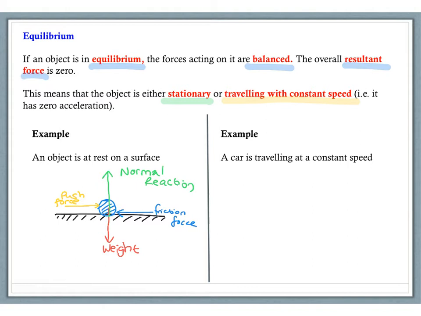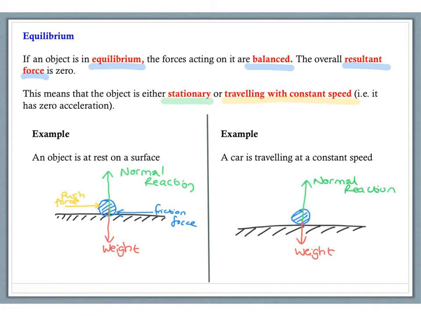In the second example, we have a car travelling at a constant speed. So here's our road. We'll model the car as a particle travelling on a rough road. The weight acts downwards and is balanced by the normal reaction upwards. We have a driving force in the engine of the car.